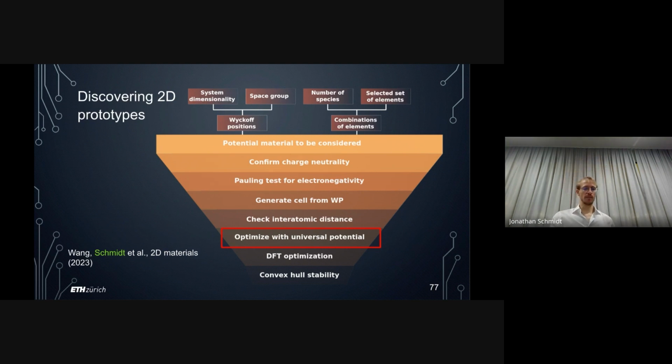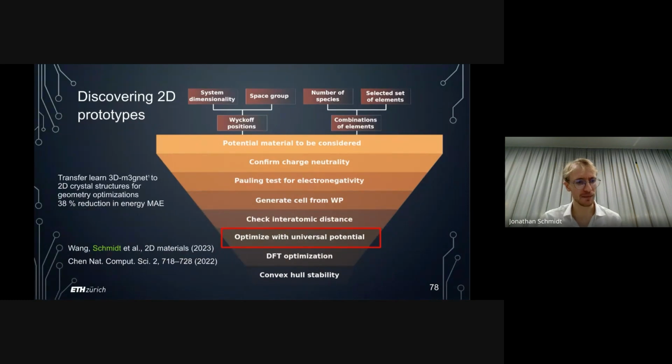Then, based on some basic chemistry rules, we can create crystal structures that we can optimize with DFT over the universal force fields at the time. M3GNet was published as one of the first universal force fields for bulk. And then we can do DFT optimization, and in this way find a lot of interesting prototypes.